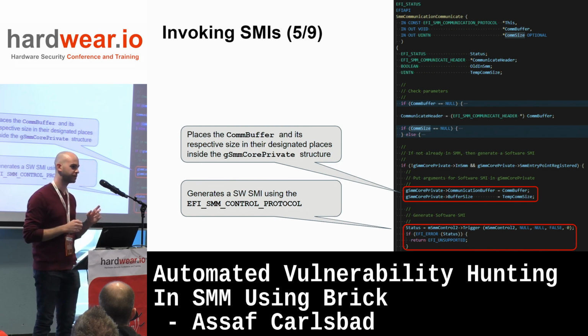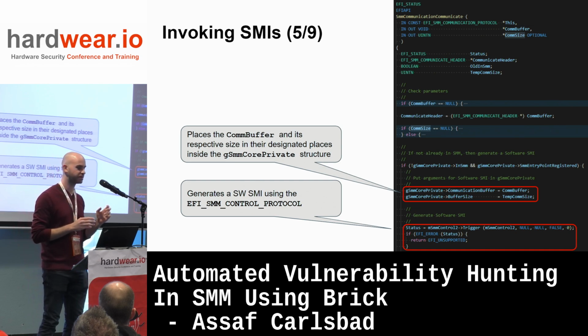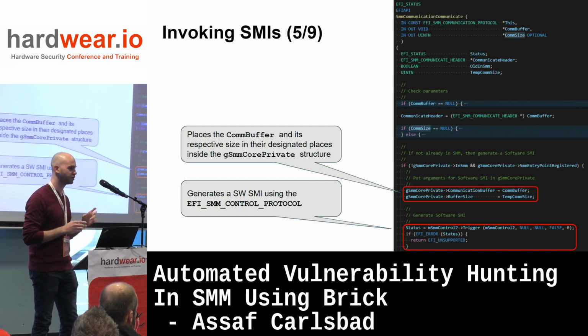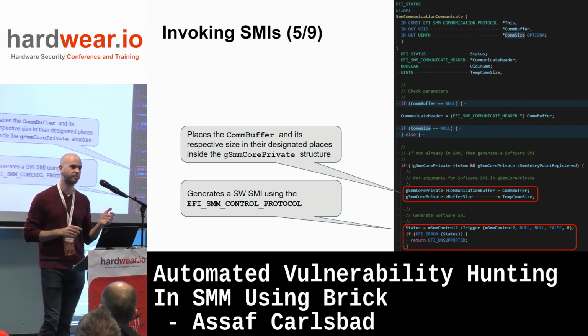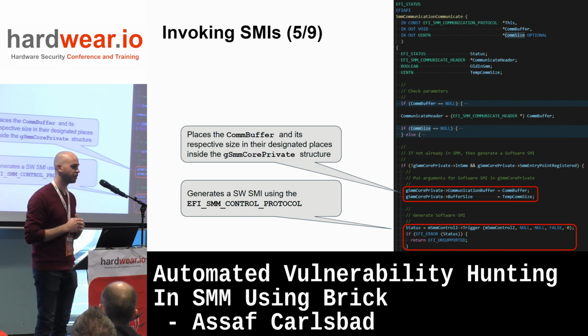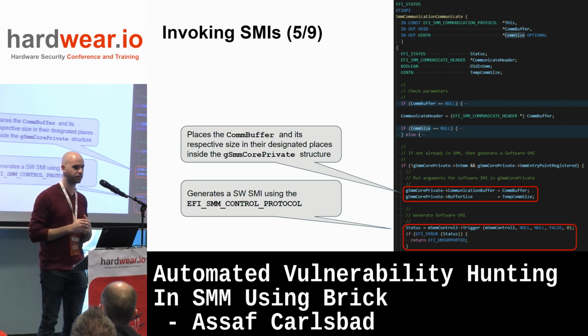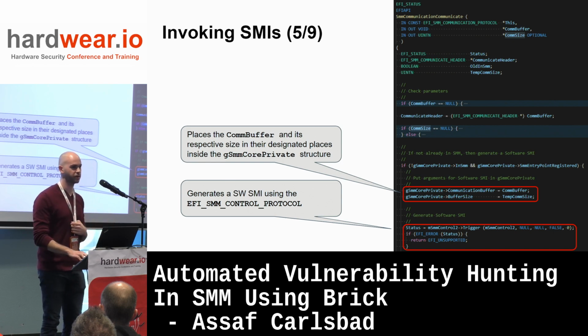So first, it places the pointer to the CommBuffer, as well as its size, in their respective fields in a global structure called gSmmCorePrivate. This structure is shared between SMM code and non-SMM code, and therefore we can use it in order to pass information between the two modes. And afterwards, it calls the trigger method of the SMM control protocol in order to actually generate the SMI.